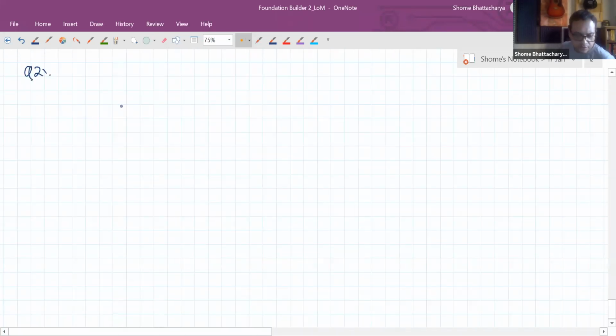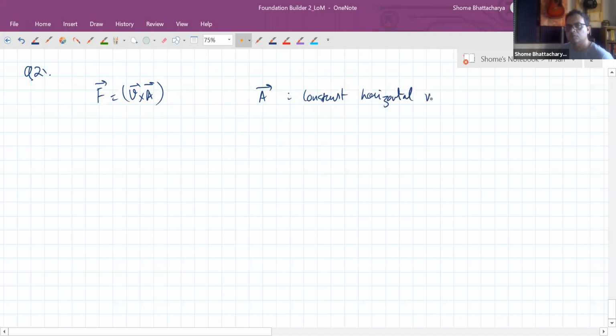So question 21, it is given to us that the force acting on a body is given by this relation V cross A, where A is some constant horizontal vector. Okay, and V is its instantaneous velocity. Okay, so let's try to understand this. So this we'll have to visualize in a three-dimensional system.